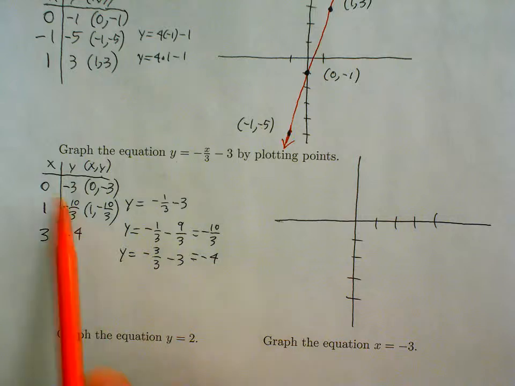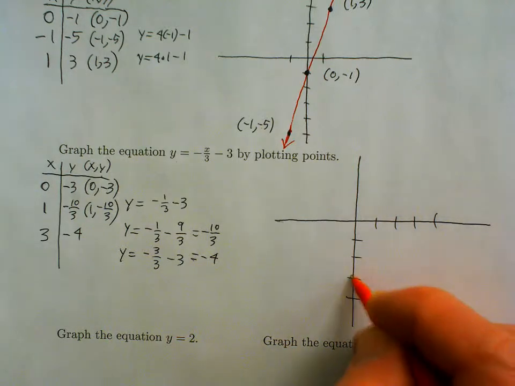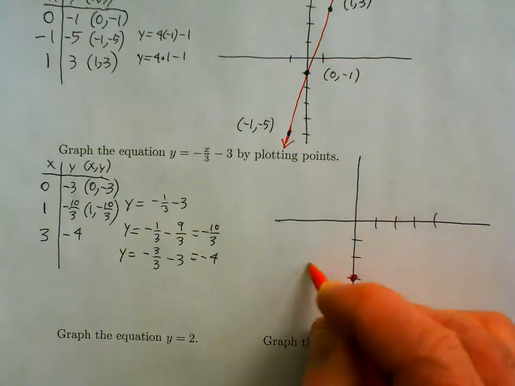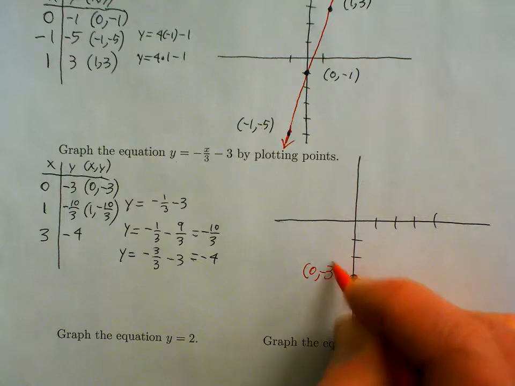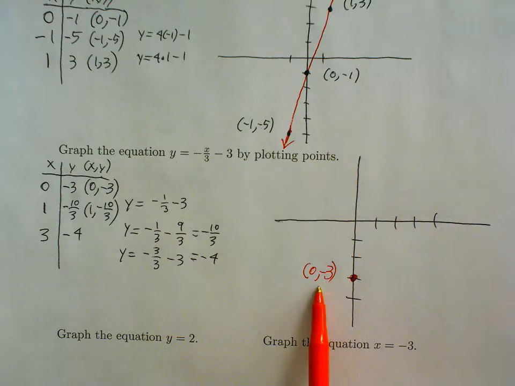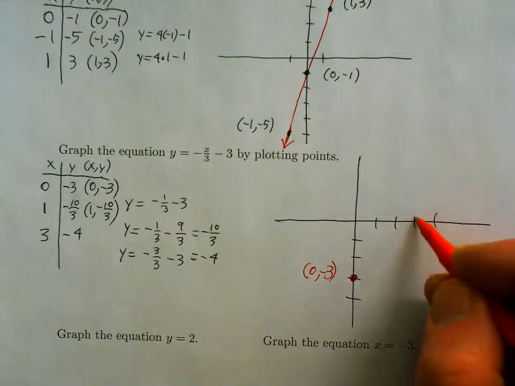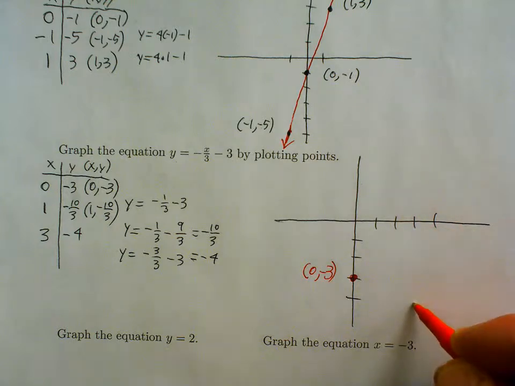Okay, the point 0, negative 3 is right here. So you'll want to get into the habit of labeling points. The ordered pair of 3, negative 4 is right there.